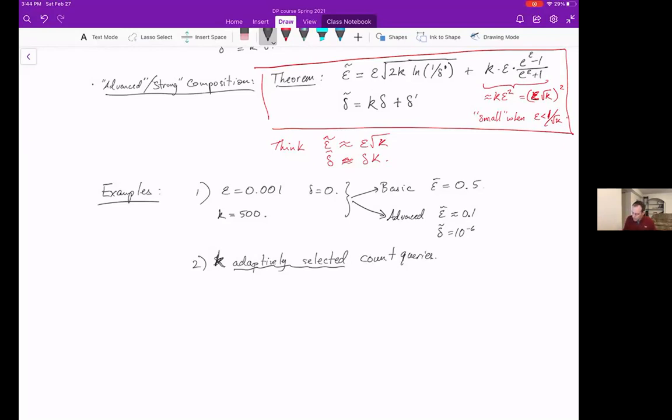So if we use the Laplace mechanism to answer each query and then use basic composition, then if we work out what happens, we get noise about k over epsilon tilde per query.